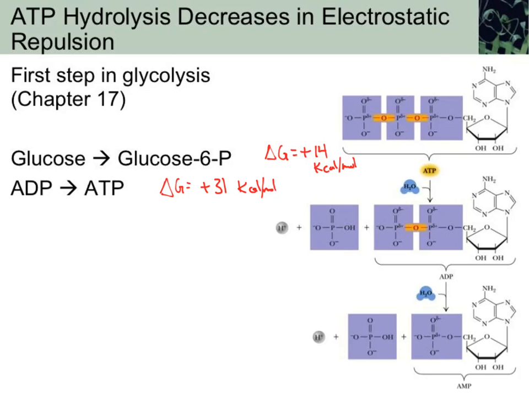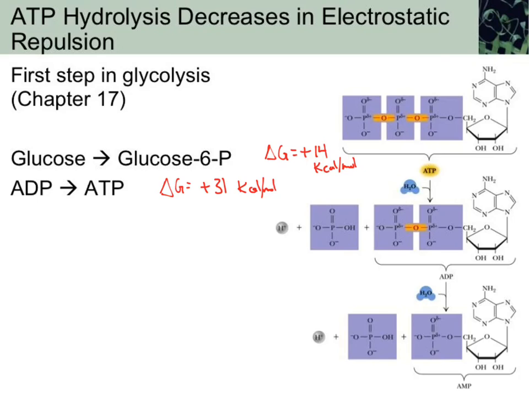No. So how does this work? What changes as we go from glucose to glucose 6-phosphate? We add a phosphate. What changes when we go from ADP to ATP? We added a phosphate. Both of these are doing the same thing, adding phosphates.